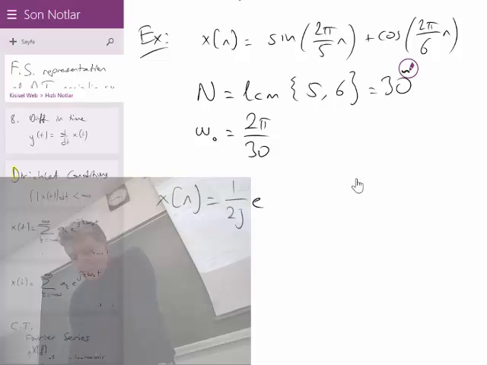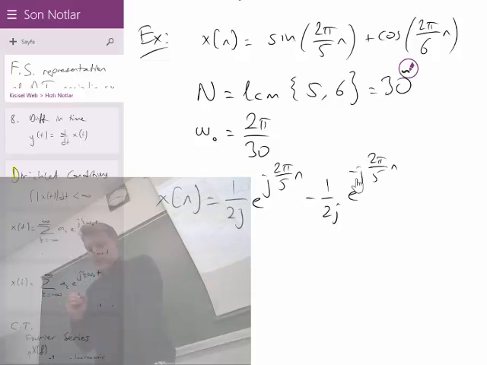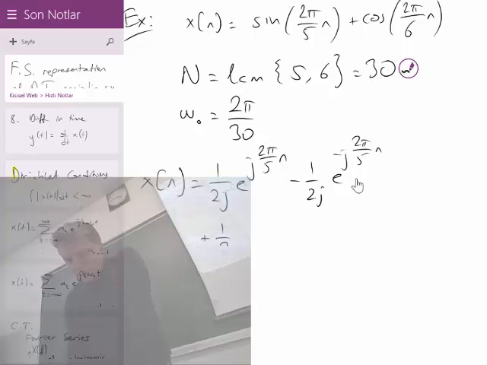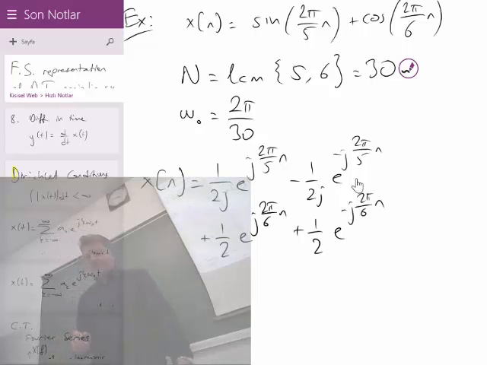It will be 1 over 2j e to the j 2 pi over 5n minus 1 over 2j e to the minus j 2 pi over 5n, plus 1 over 2 e to the j 2 pi over 6n plus 1 over 2 e to the minus j 2 pi over 6n. Are we settled here? I just expanded the sine and the cosine in Euler's expansion in two terms, like this.